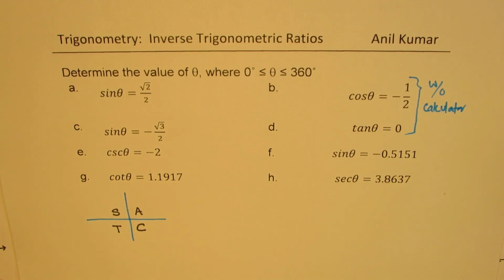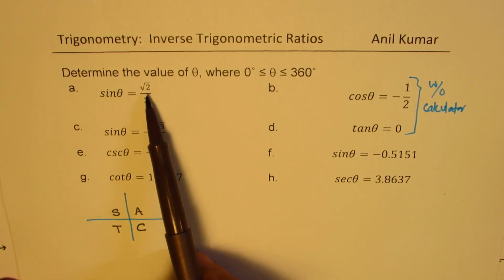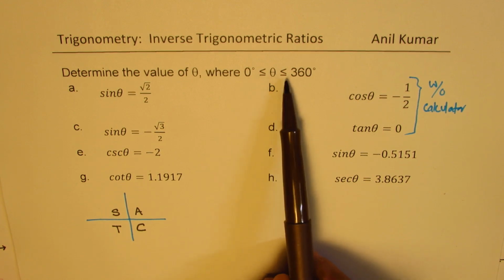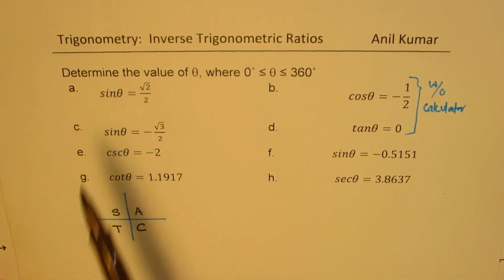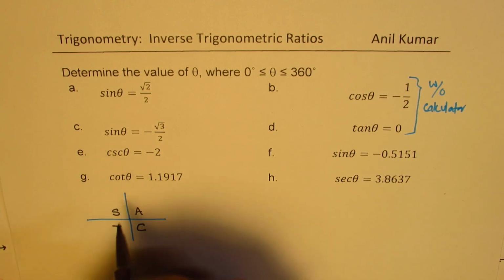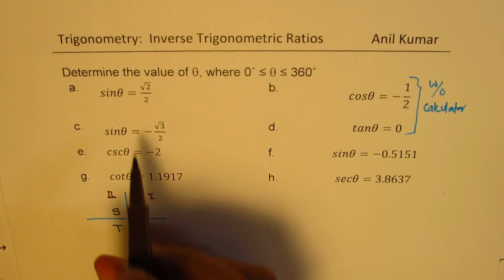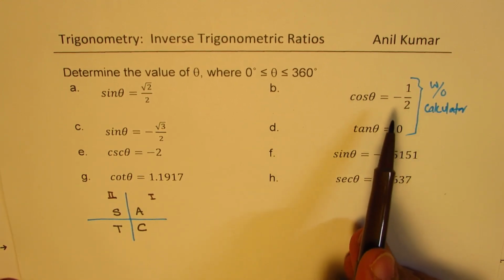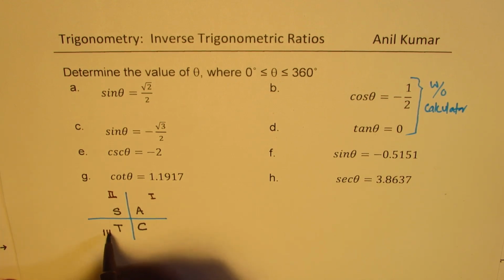So if we are looking for a positive value of sine theta, with theta greater than or equal to 0 and up to 360, that means one full circle, sine is positive in two quadrants, quadrant 1 and quadrant 2. So we'll get two solutions. For cos being negative, it is negative in quadrant 2 and quadrant 3.